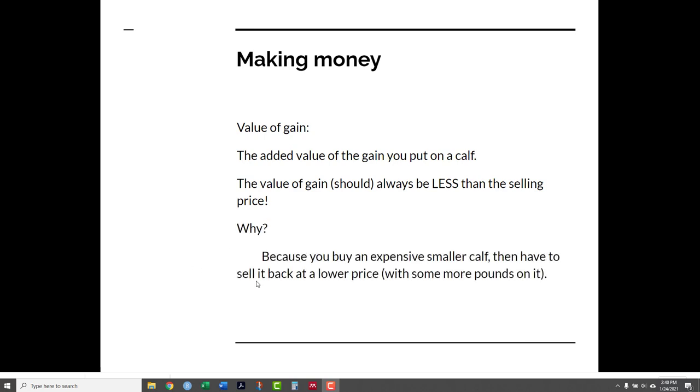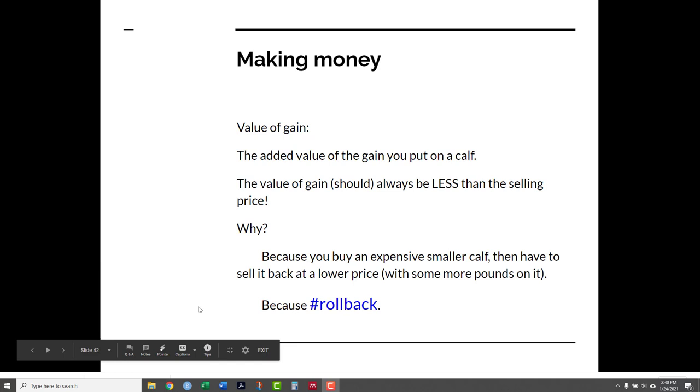And the reason is because you buy an expensive smaller calf, then you have to sell it back at a lower price, but you put some more pounds with it, right? But those original pounds that you bought, you have to sell them back at a lower price. So that works out to be that the value of gain is always less than the selling price because of rollback. Okay.